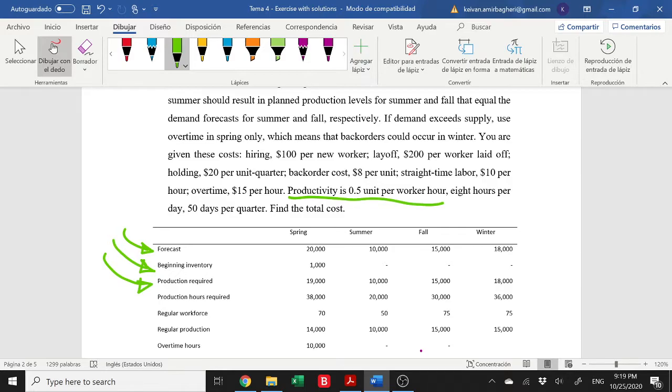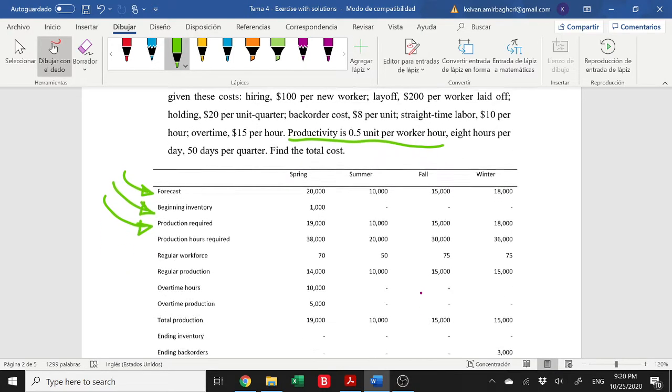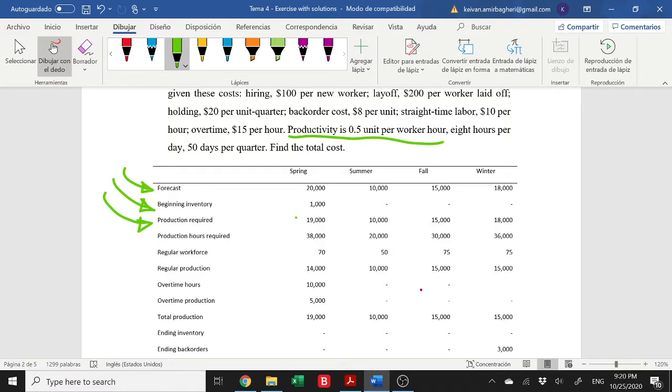What is the meaning of that? As I told you, for producing one complete unit of production, we need 2 hours to complete. It means that for producing 19,000 units, of course, we need 38,000 worker hours for our production.